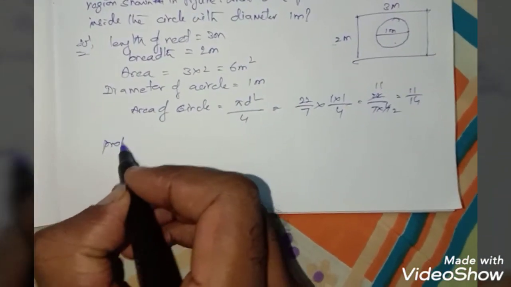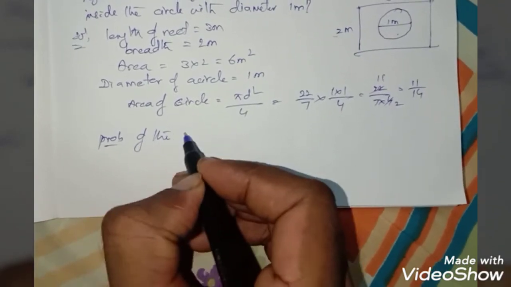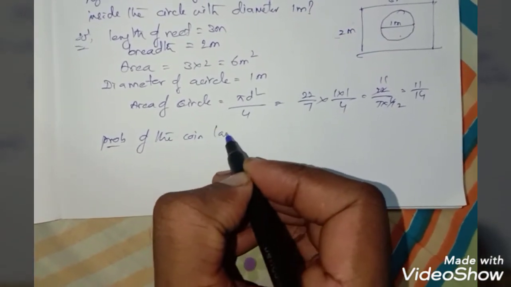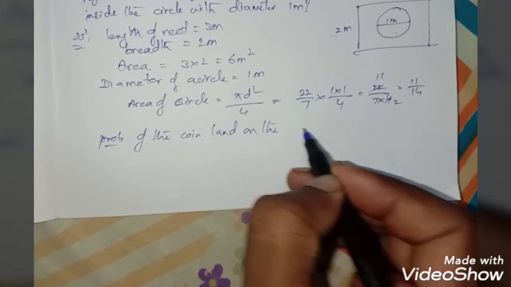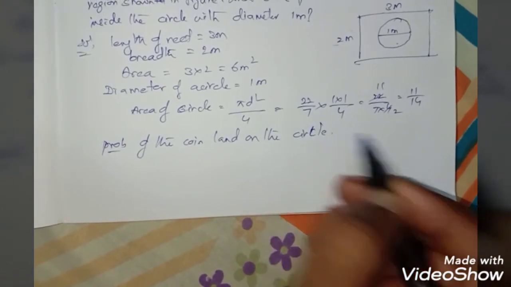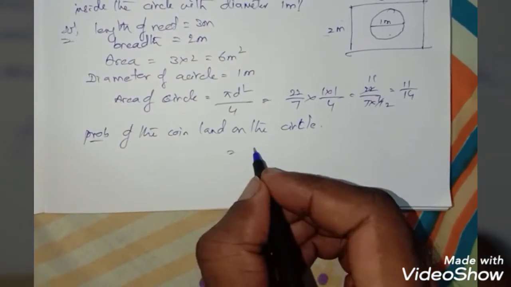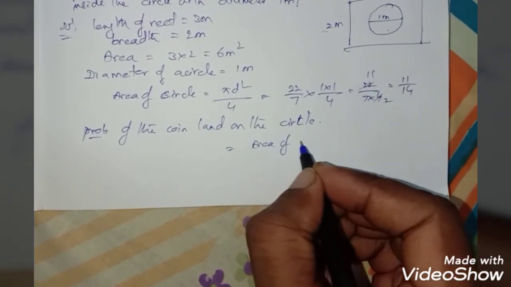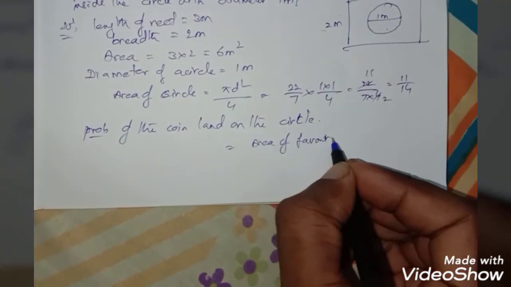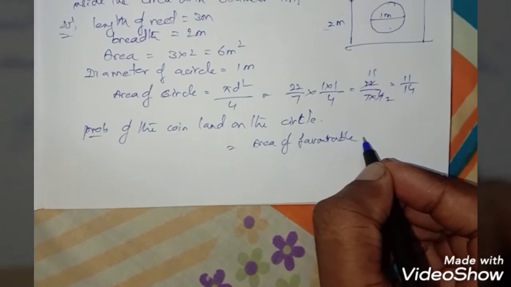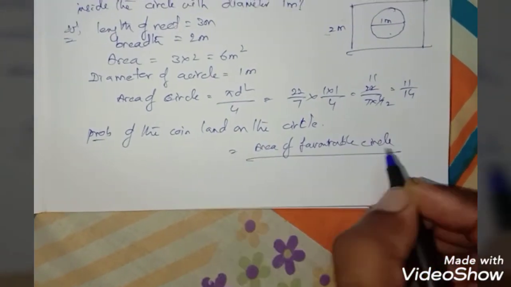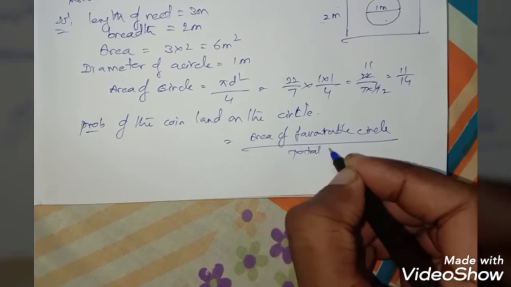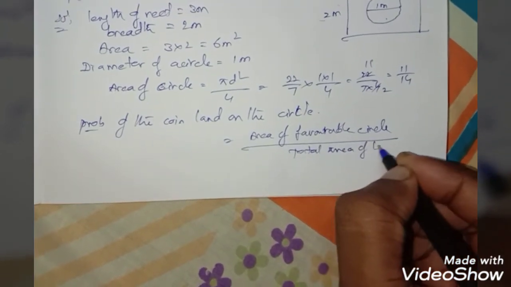Next you have to find the probability of the coin landing on the circle, right? That's why we find the area of the circle, that is the area of the favorable region, the circle, divided by the total area of the land.